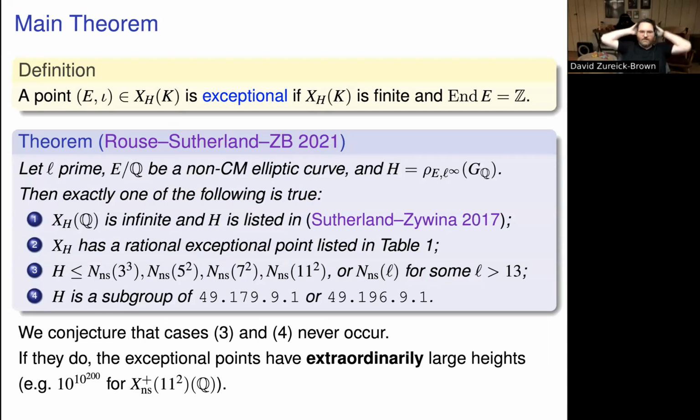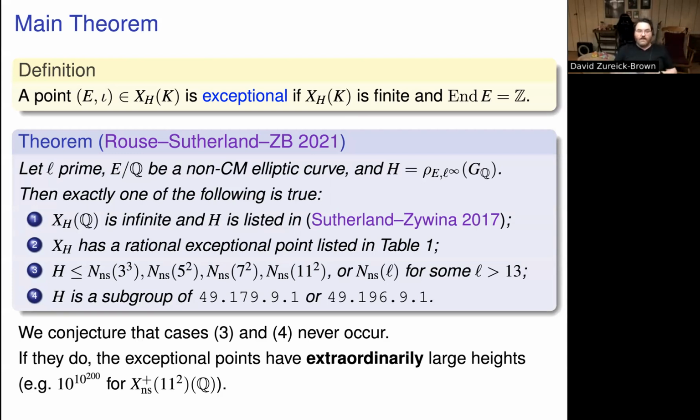So if you have a point on a modular curve, it's exceptional if it is not CM or a cusp, so there are lots of CM points, and if that modular curve only has finitely many points. For example, there are infinitely many elliptic curves with rational two torsion. Having rational two torsion does not make a curve exceptional. So we'll go through that.